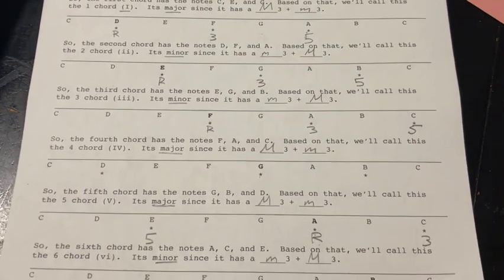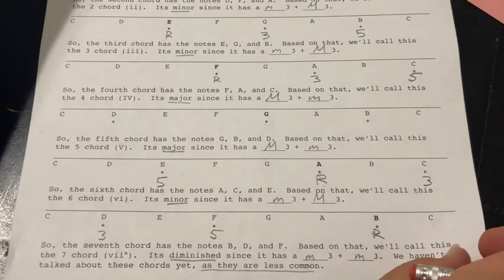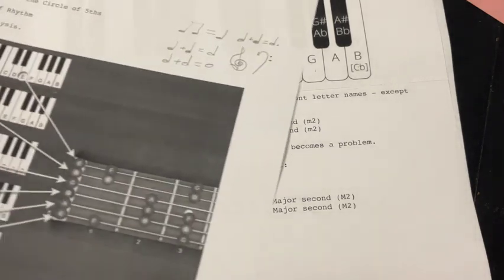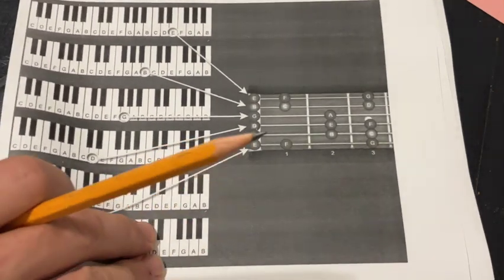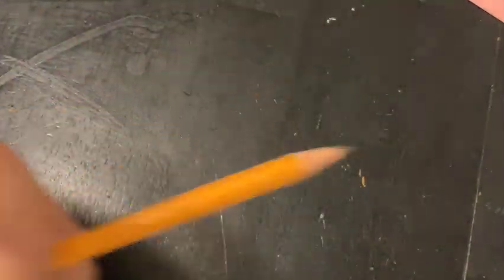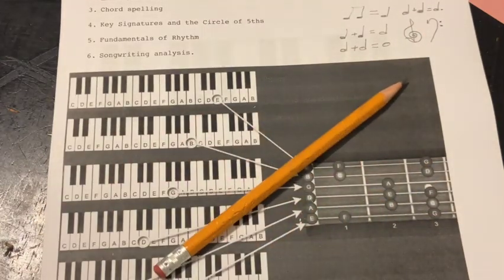Lots of little things to memorize, but so you see how you use the notes in the C major scale to build every chord in C major. You know, C, D, E, F, G, A, B. You just write that scale out and you just count by thirds, and you can build any chord in that key. Does all that make sense?